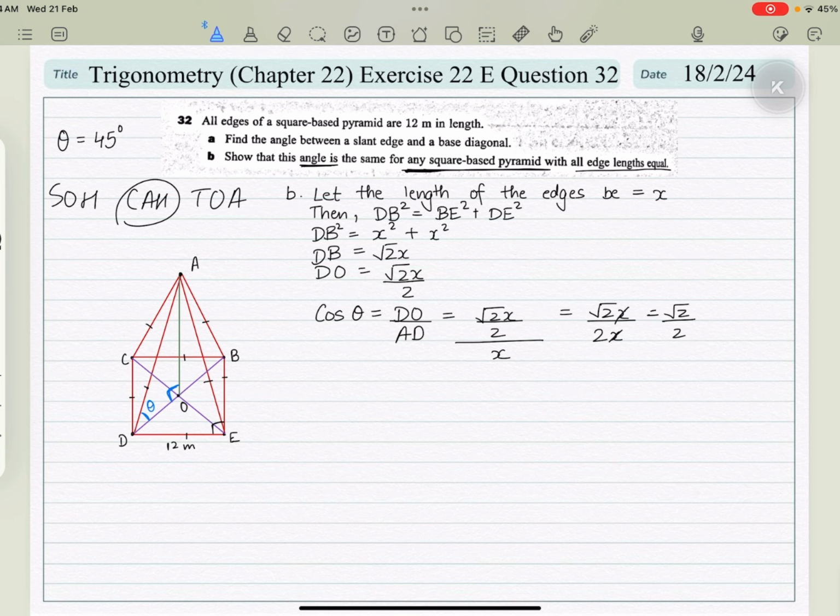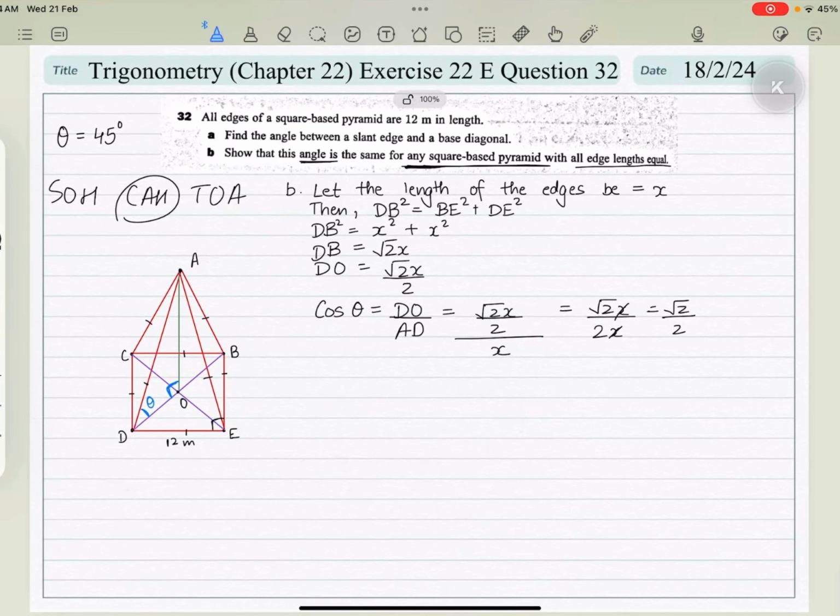So cos theta is equal to root 2 upon 2. So theta is equal to 45 degrees. And hence, you can just write hence proven that this angle that is 45 degrees is the same for any square based pyramid with all edge lengths equal. So yeah, that's it.